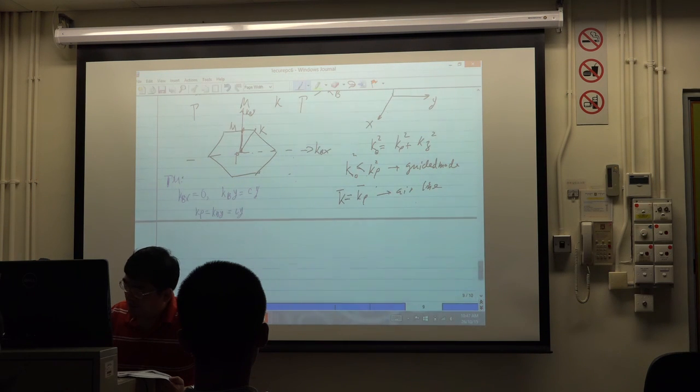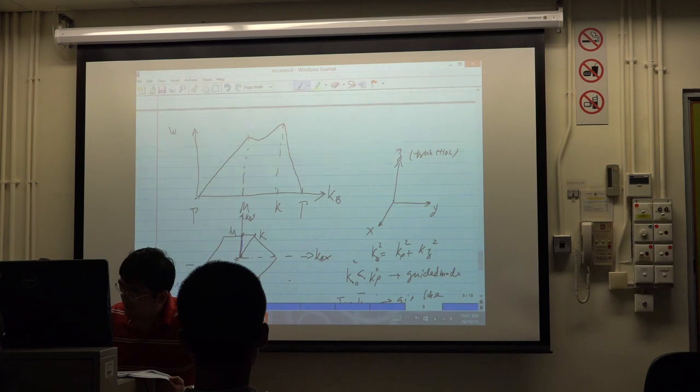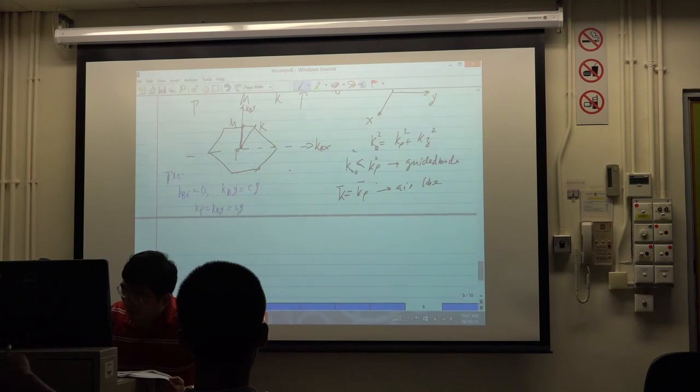So this is a straight line. This is also a straight line, something like this. But why is MK so special? Why is MK a curve? How about the k Bragg x?